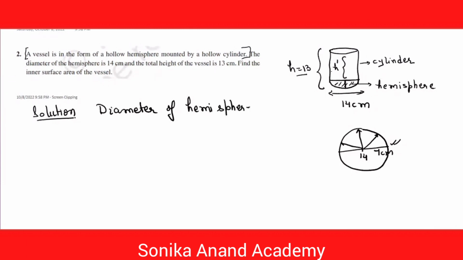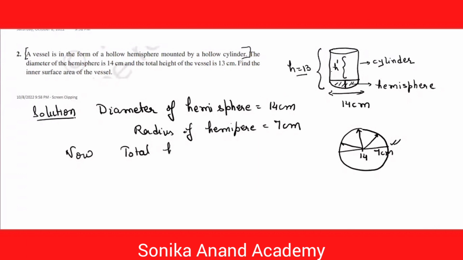Diameter of hemisphere is 14 centimeter. So radius of hemisphere is 7 centimeter. Now total height of vessel is 13 centimeter.